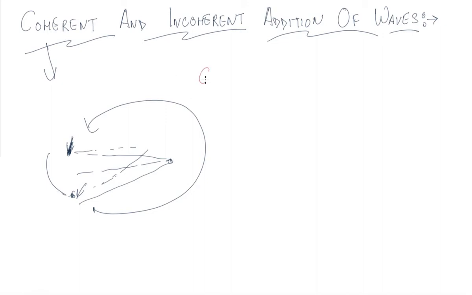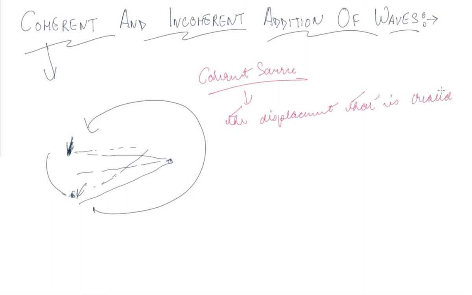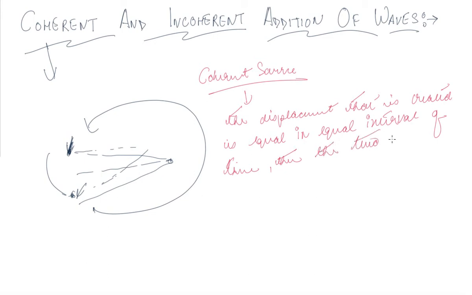So if you want to define a coherent source, the displacement that is created is equal in equal intervals of time, then the two or more sources are said to be coherent. So we can establish a definition for a coherent source.